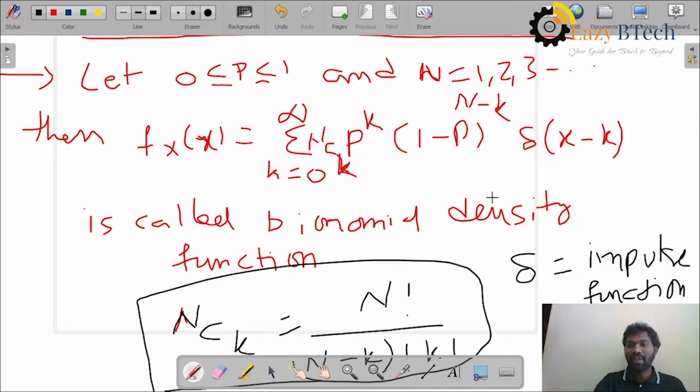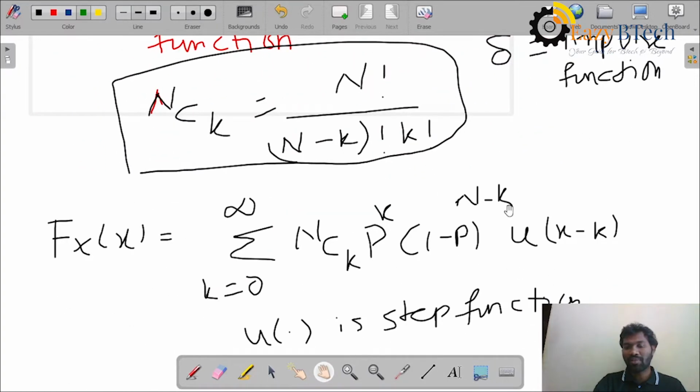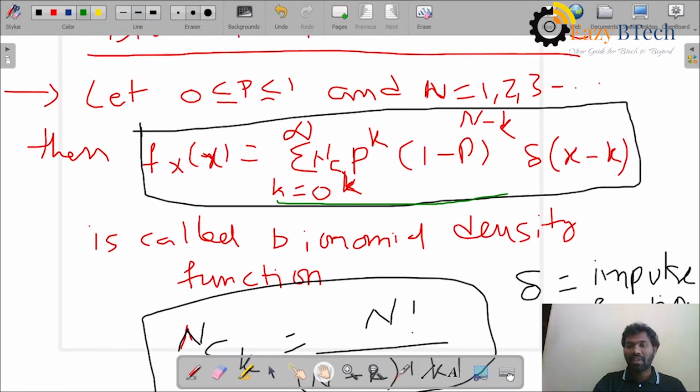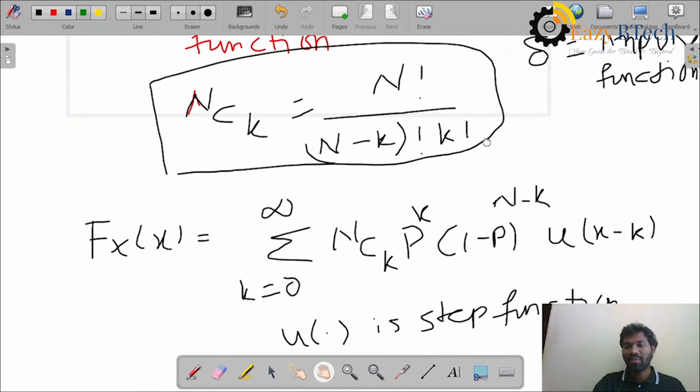The expression for the probability distribution function and density function is almost the same, with only a small difference. The entire part from here to here is the same in both. The only difference is this delta, which in the distribution function is replaced with u. We already know the relationship between distribution function and density function: if you integrate the density function, you get the distribution function.